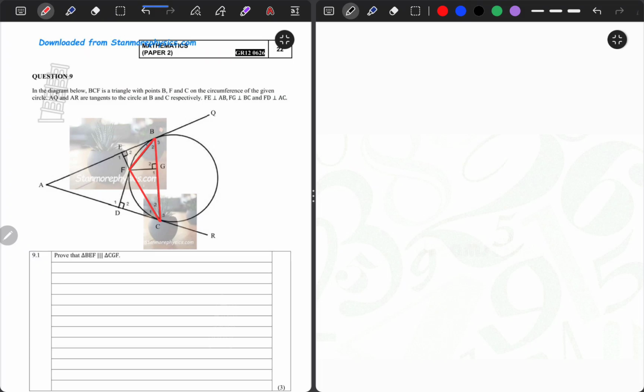They say BCF is a triangle with points B, F, and C on the circumference. Okay, it's fine. Now, they say AQ and AR are tangents. AQ, which is this line, and AR, which is that line, are tangents.